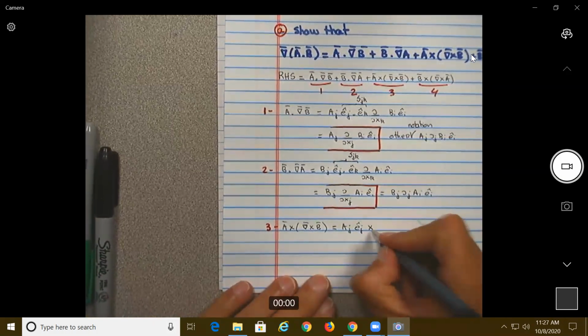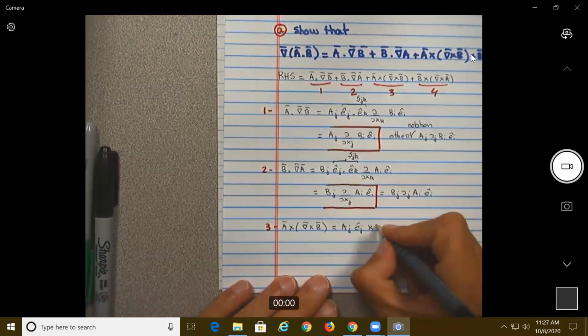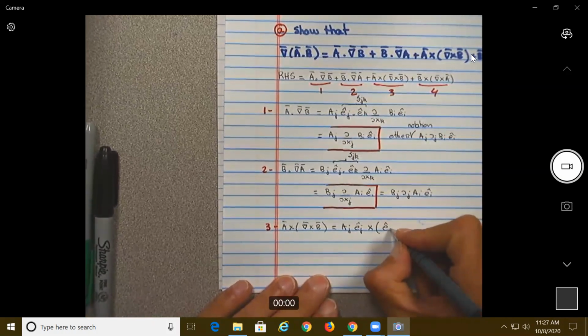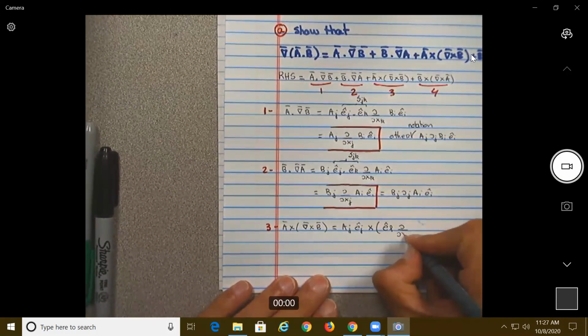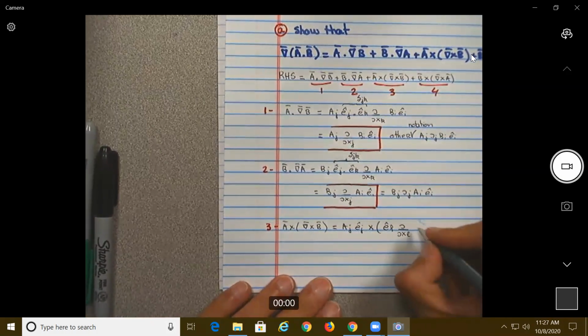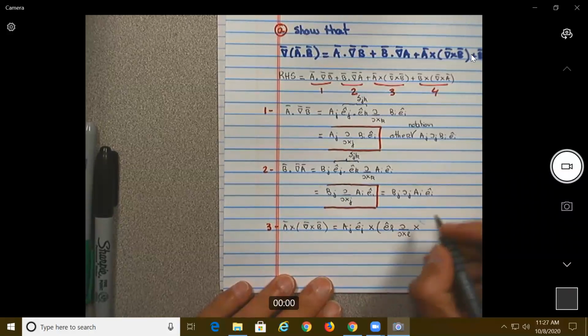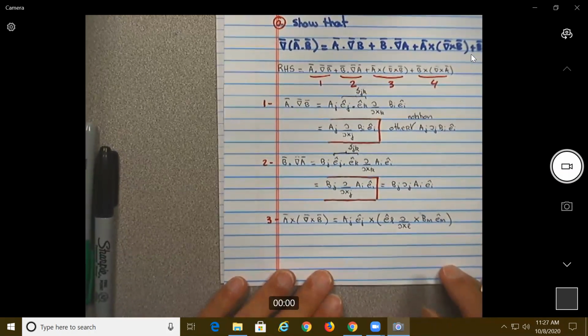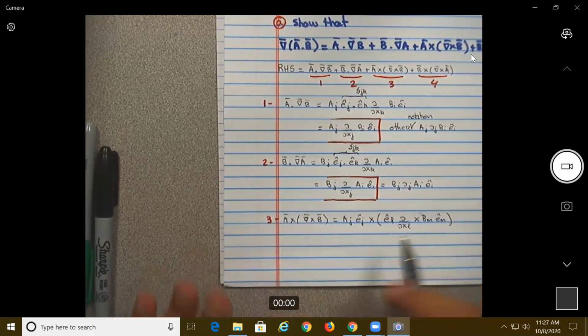Cross, and then I call this one e sub l partial of x sub l, cross B, and I call this one B sub m, e sub m. You see, I'm not skipping anything, and go step by step.